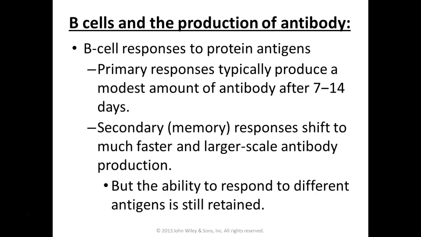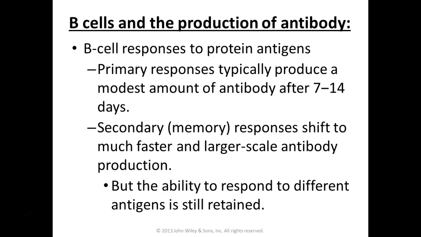So your first time you ever see an antigen, we've got to find naive helper T cells and naive B cells that recognize this antigen. This could take a while. The dendritic cell is running around from lymph node to lymph node, or within the lymph node in that area from where he picked up the stuff, and is trying to find somebody who recognizes what he's presenting so he can activate them.